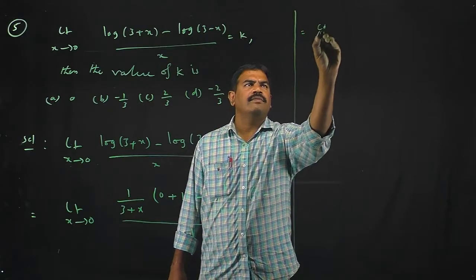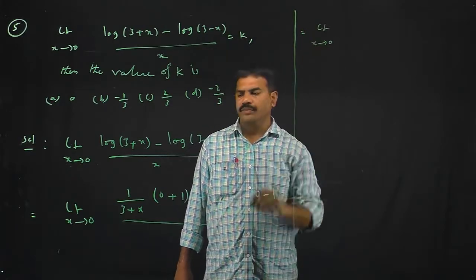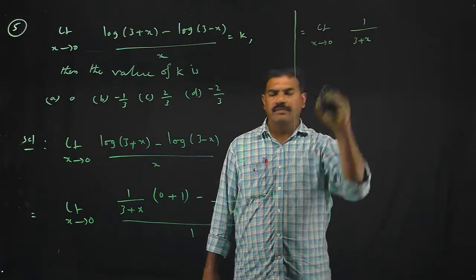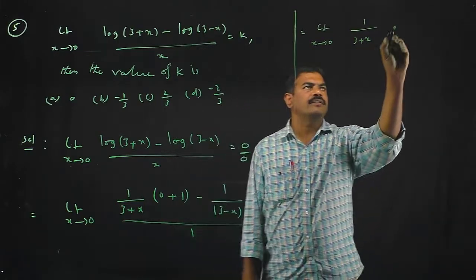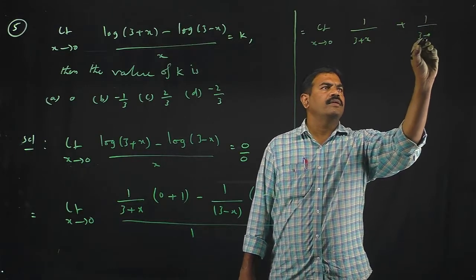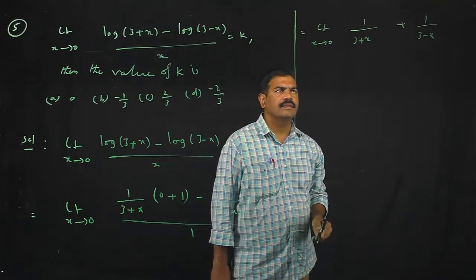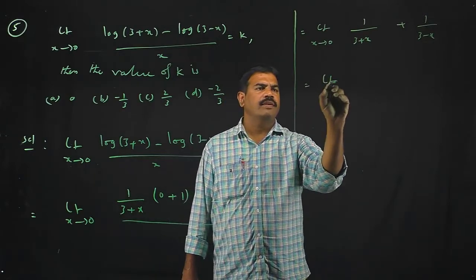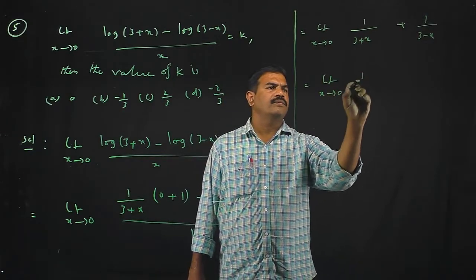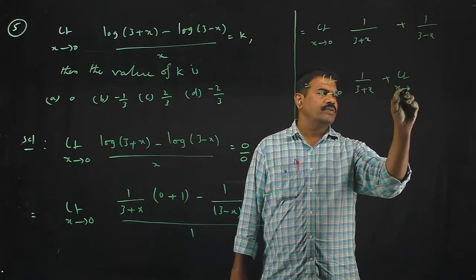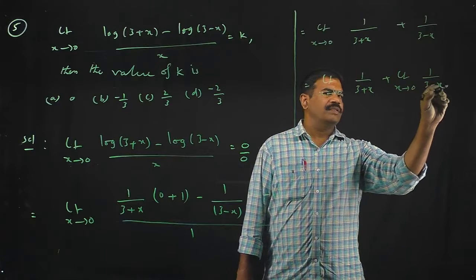That is equal to limit x tends to 0 of 1 by (3 plus x) plus 1 by (3 minus x). That is, we apply the limit individually: limit x tends to 0 of 1 by (3 plus x) plus limit x tends to 0 of 1 by (3 minus x).